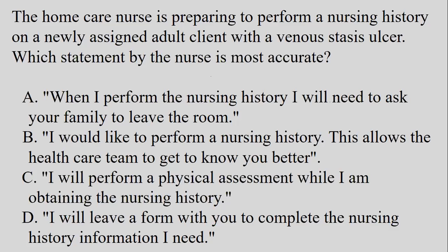A, when I perform the nursing history, I will need to ask your family to leave the room. B, I would like to perform a nursing history. This allows the healthcare team to get to know you better. C, I will perform a physical assessment while I am obtaining a nursing history. D, I will leave a form with you to complete the nursing history information I need.